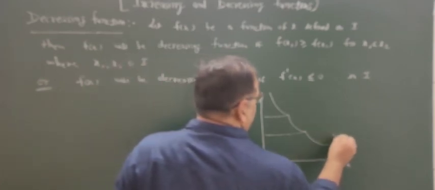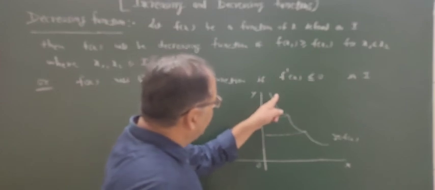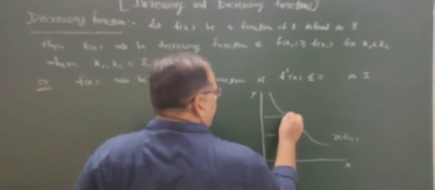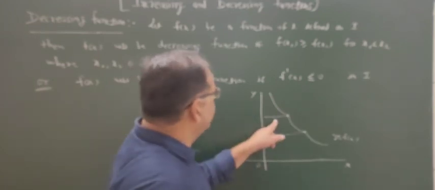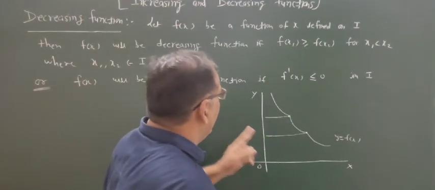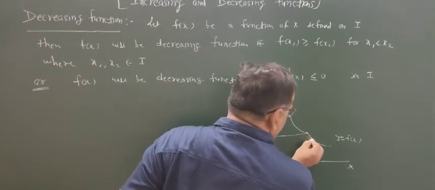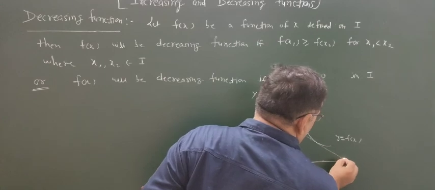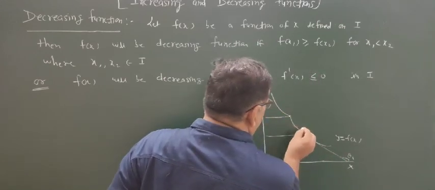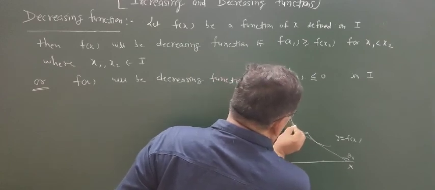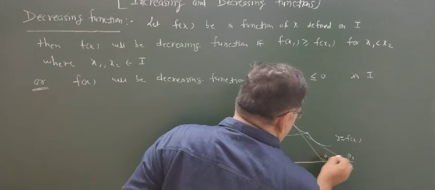This is the curve y equals f(x), drawn in the interval I. There are some points on the curve where the tangent is parallel to the x-axis, and at those points f'(x) equals 0. At the remaining points, if we draw a tangent, we observe the angle theta 1, which is clearly obtuse. Again, the angle theta 2 is also obtuse.